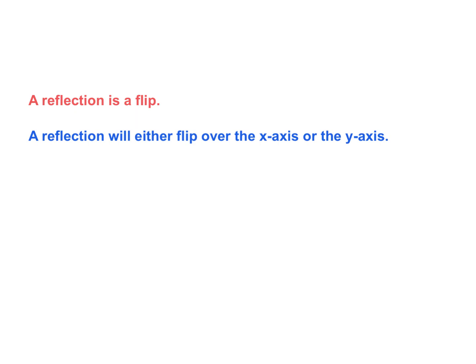But today is not that day. When something flips over the x-axis, it is known as a vertical flip. When something flips over the y-axis, it is a horizontal flip.